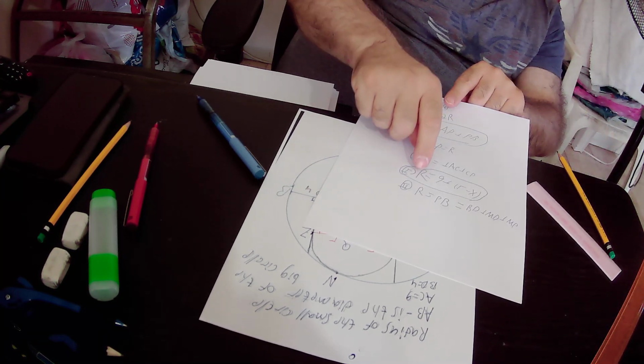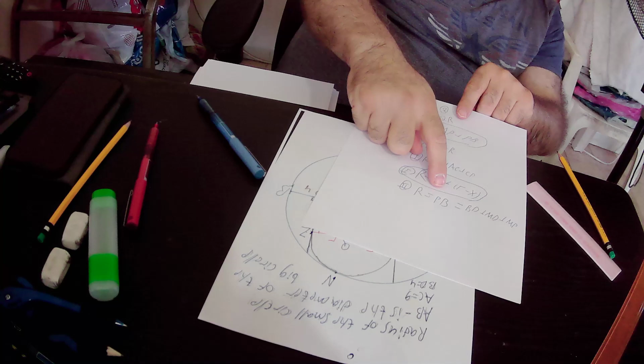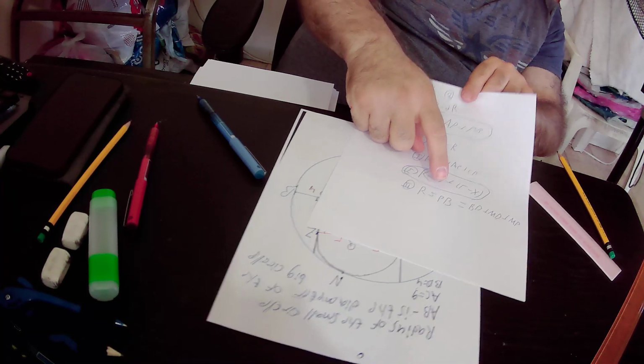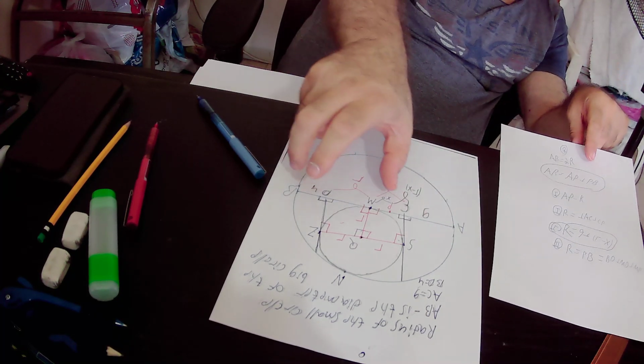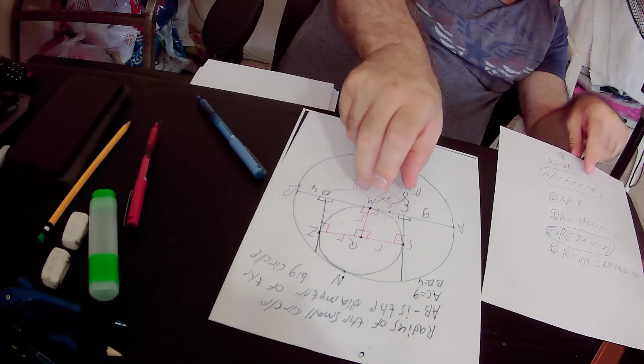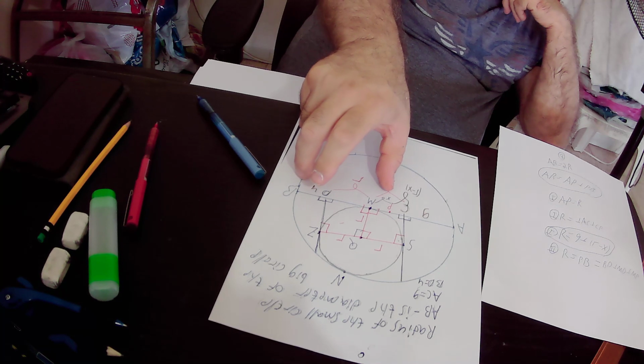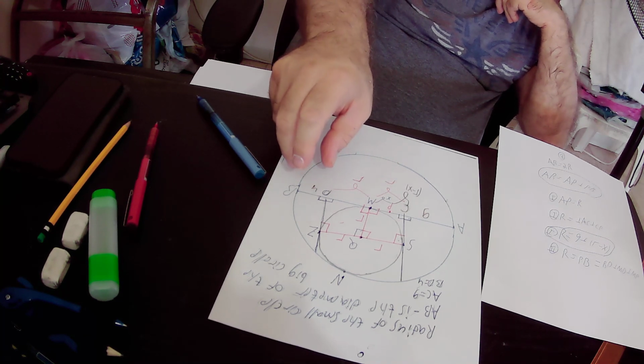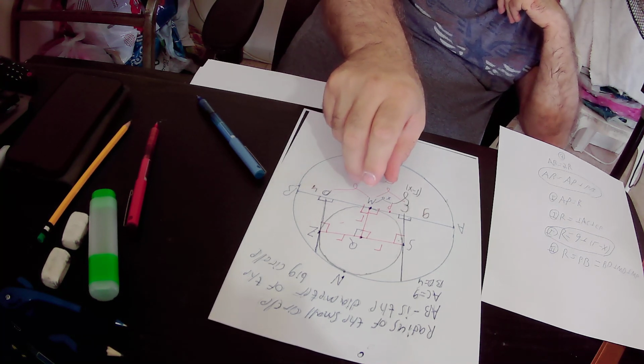Okay, so the radius of the big circle equals PB, and PB equals BD plus MD plus MP. Again, PB equals BD plus MD plus MP.